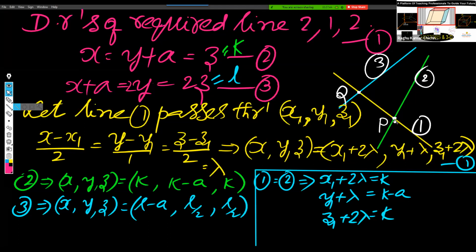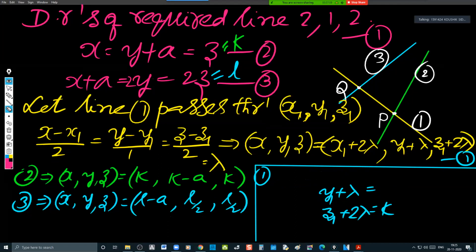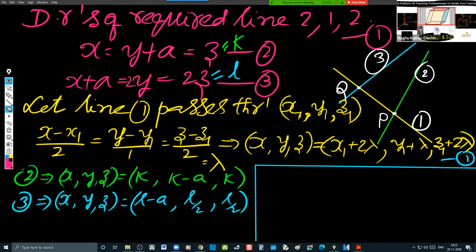That means if I say PQ line and if I say the yellow line whose DRs are 2, 1, 2, both are the same. Correct or not?